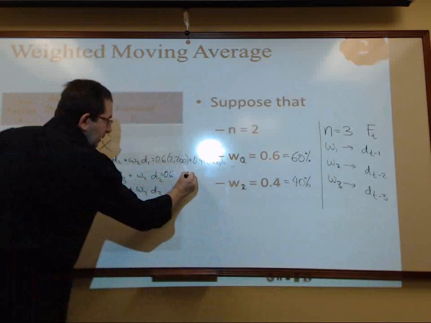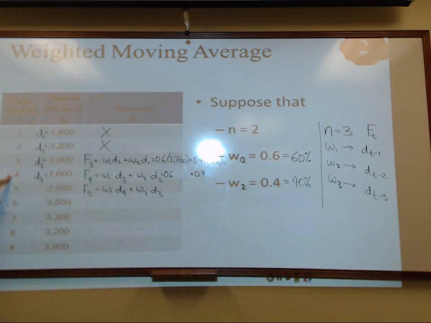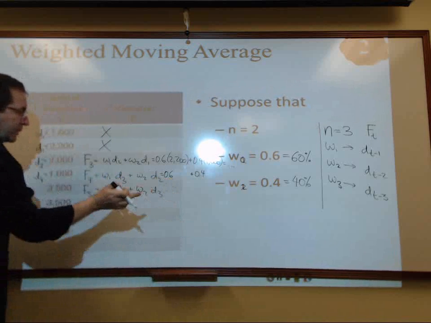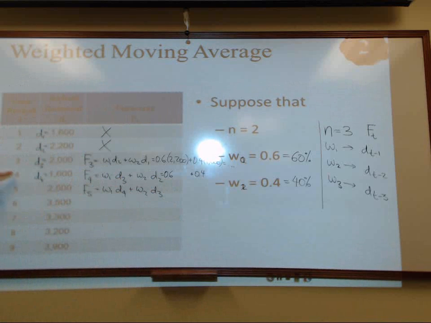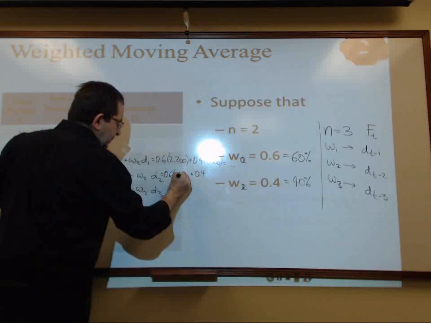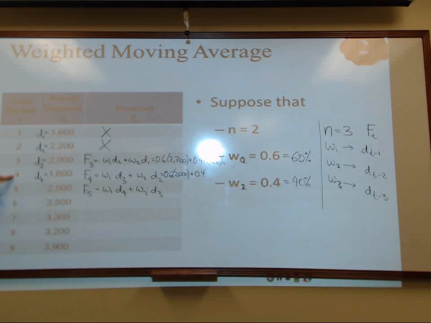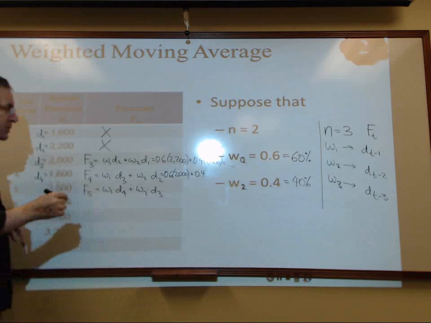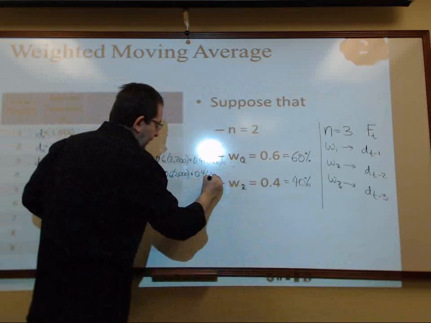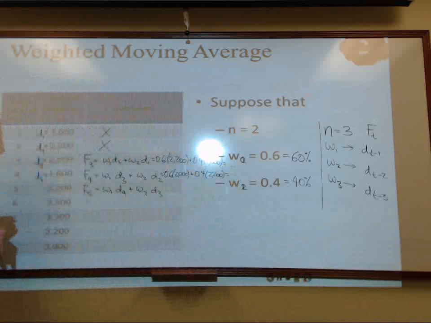So for period 4, I do the same thing: 0.6, 0.4. I multiply 0.6 with the most recent period, which is D3, 2,000. And I go back 2 periods, 2,200, whatever that number is.